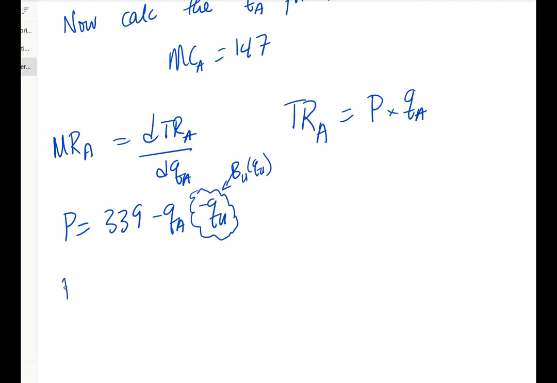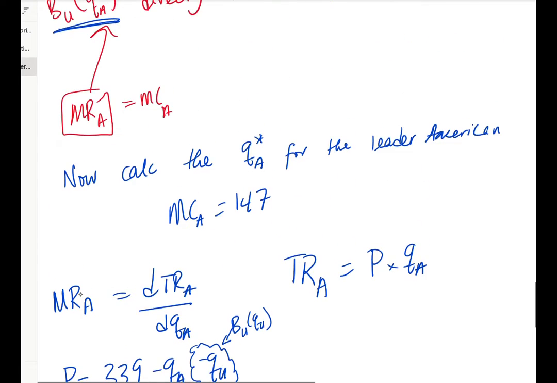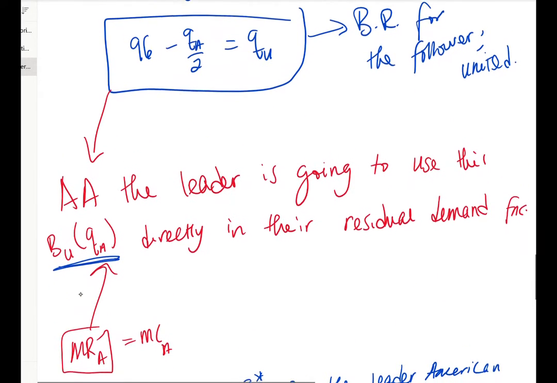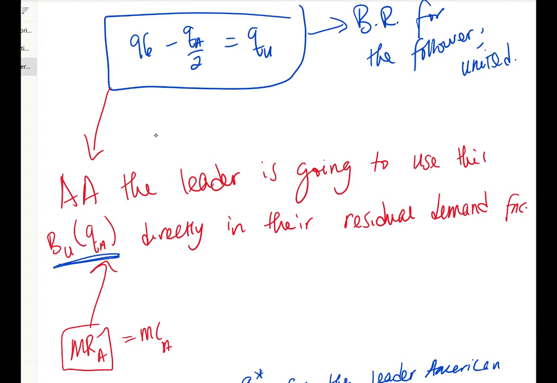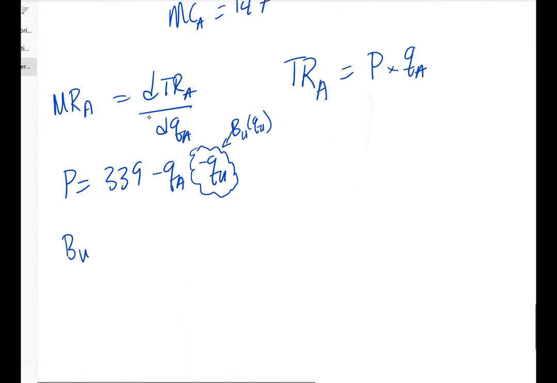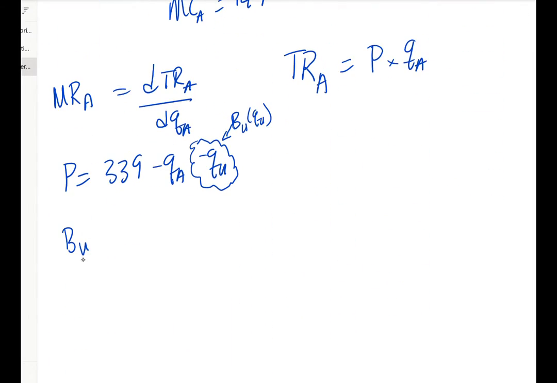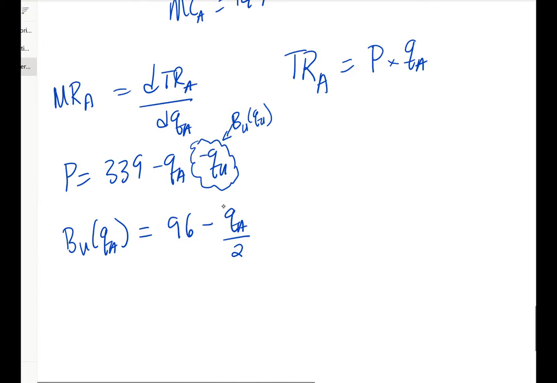Remember from above, we just calculated this. The best response for U, the follower, is 96 minus QA over 2. So we're going to use this whole thing in here.